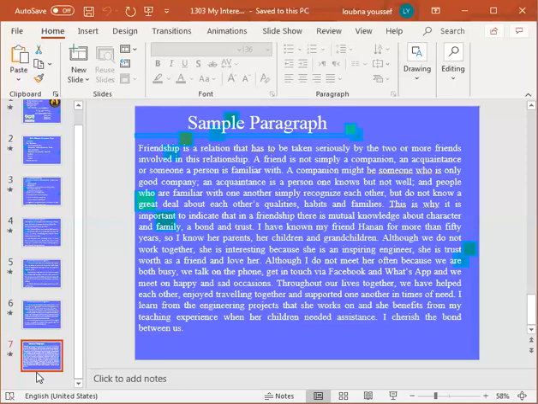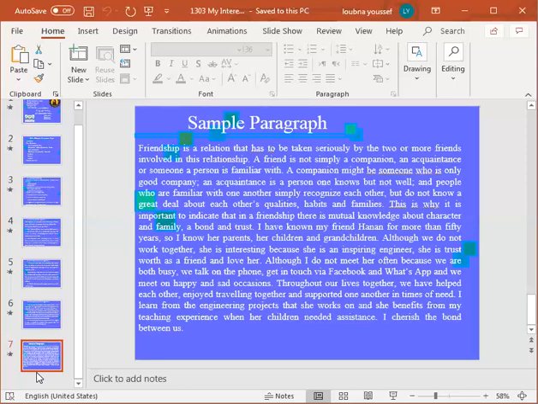You have to know about one another's characters. You have to know about one another's families, and you have to have a bond, and you have to trust each other. Now, the writer says in the following sentence, I have known my friend Hanan for more than 50 years. So I know her parents, her children, and her grandchildren.